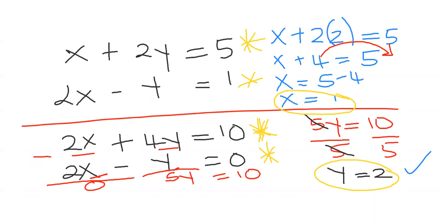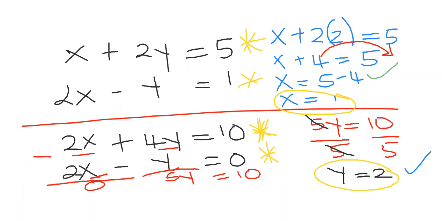And we are done. Now, I think you can remember what I'm doing here. The reason why I have minus 4 instead of a positive 4 is we said whenever you take a number to the other side of the equal sign, its sign is changing.